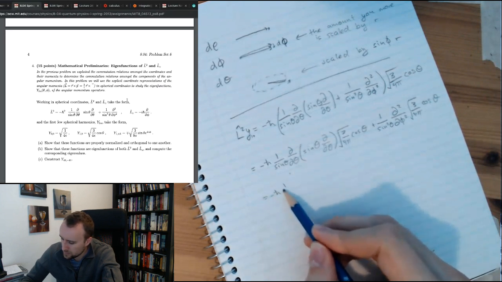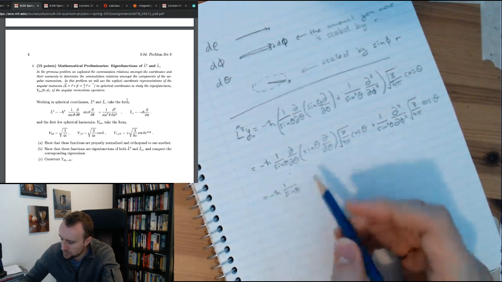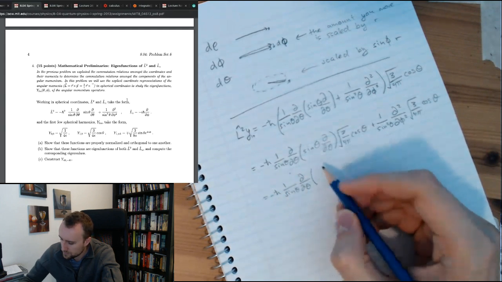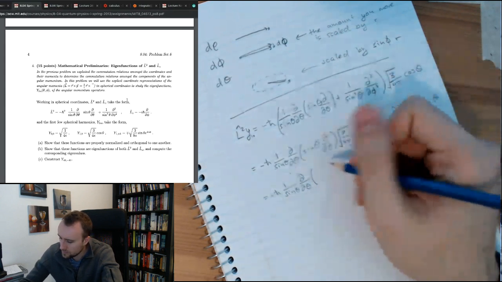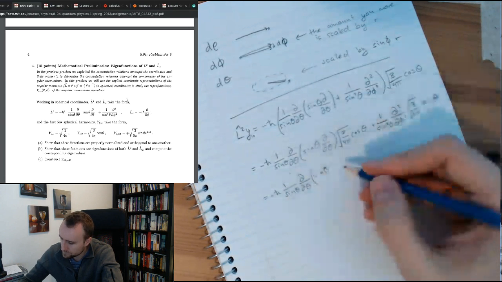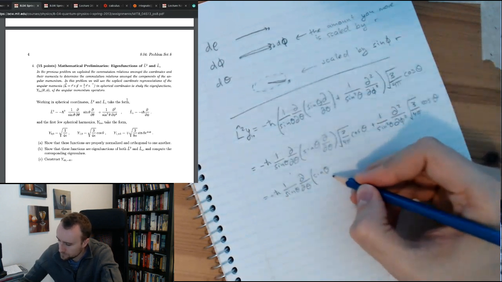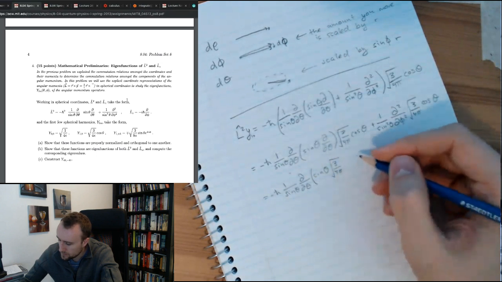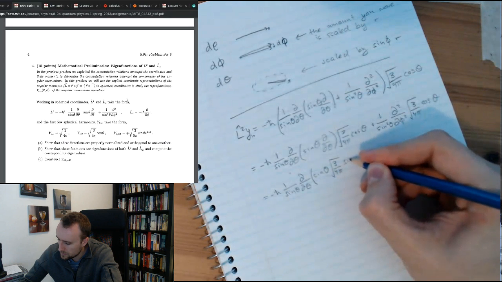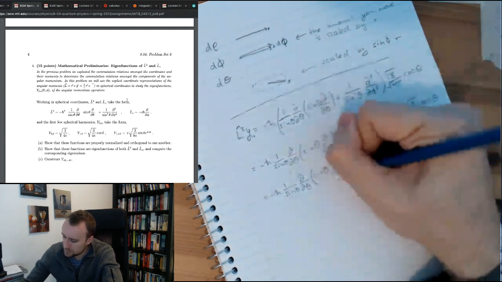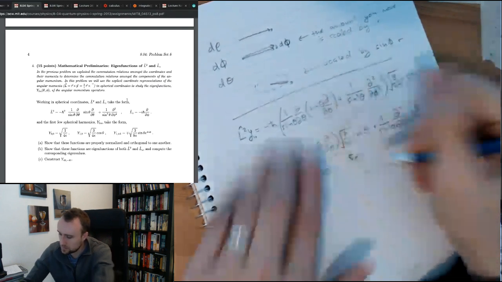minus h bar sine theta. So this gets turned into sine squared theta.